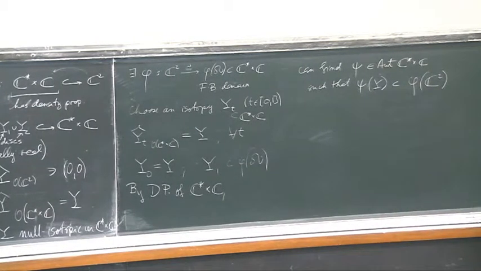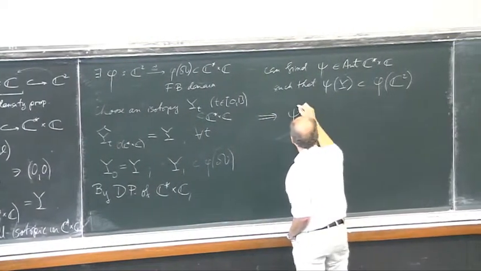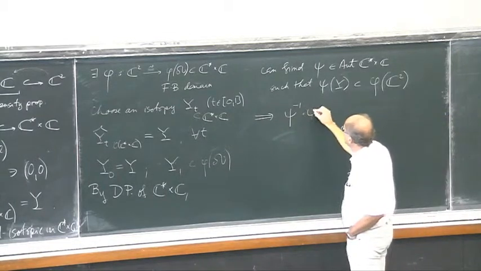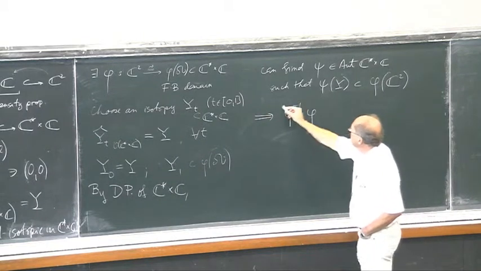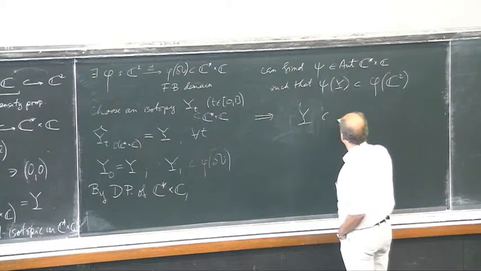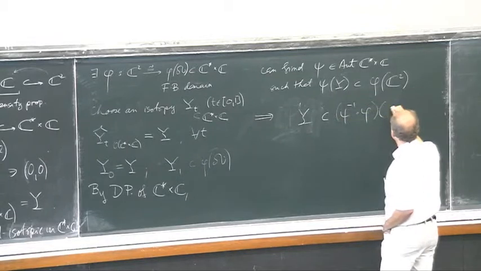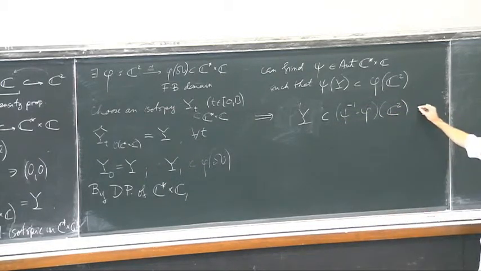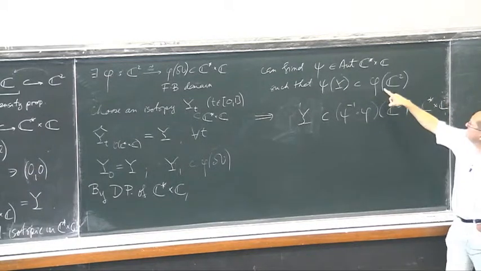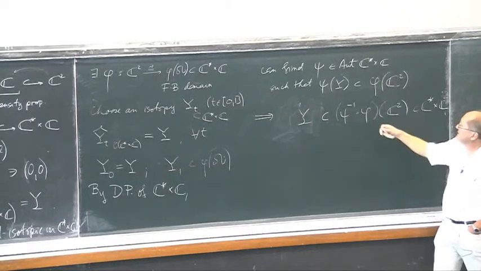And now, this means if I now look at psi inverse applied to phi, this means y is contained in psi inverse composed phi of C2, which is again a Fatou-Bieberbach domain in C star cross C. Since I just applied to my previous Fatou-Bieberbach domain an automorphism, it's still injective.